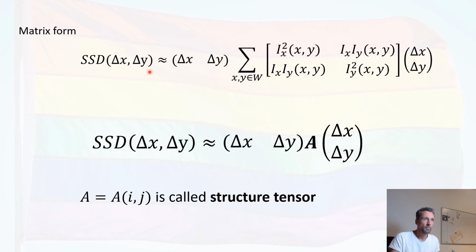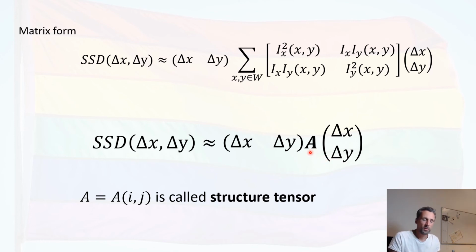So, to summarize, what we just did is that the sum of squared differences of the image with a window that is shifted by delta x and delta y is that shift times a matrix that looks like that, times again that shift vector.